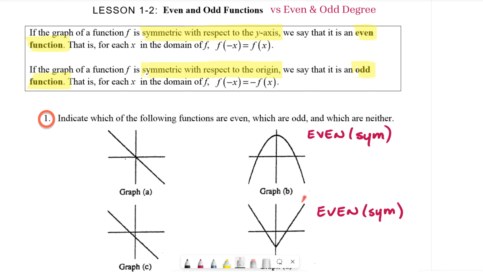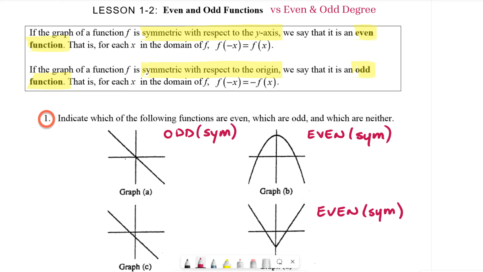Now let's look at the odd function. The odd function, there's symmetry with respect to the origin. So between these two, do both of these have symmetry with respect to the origin? Now the origin is the 0, 0, the center here. Well, we're going to notice that only graph A has symmetry about the origin. Okay?